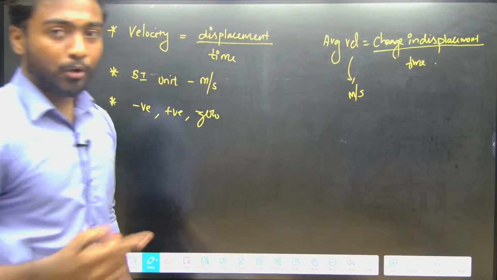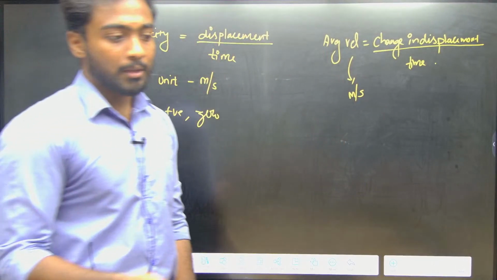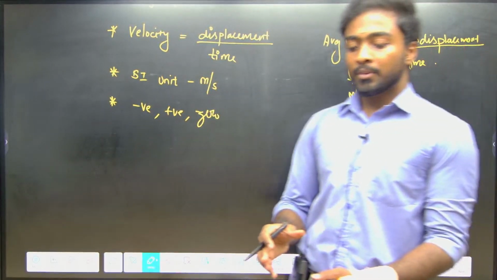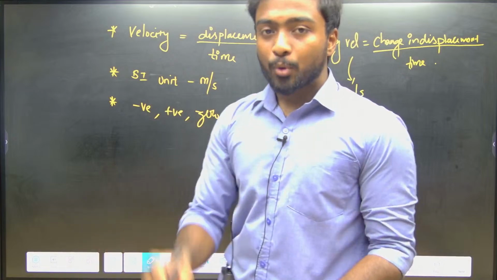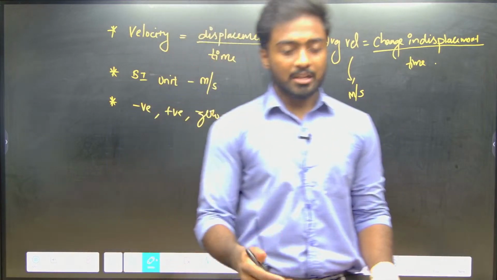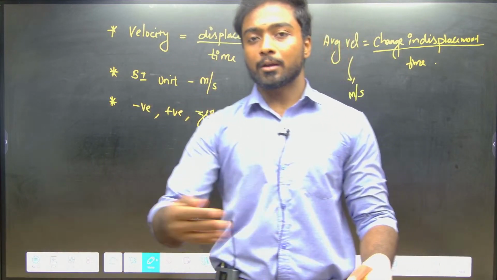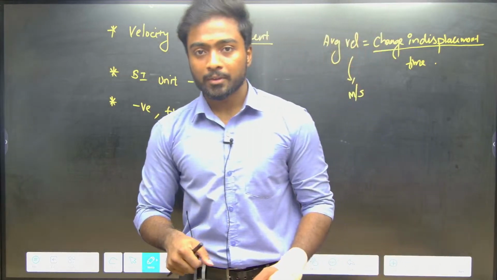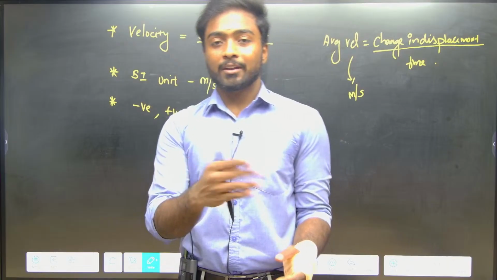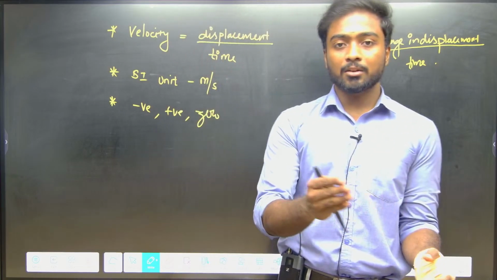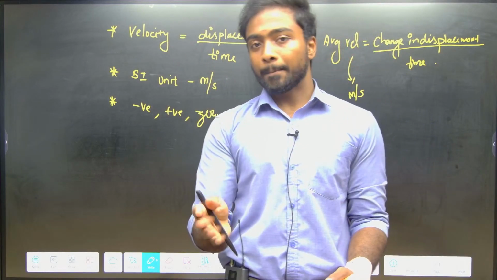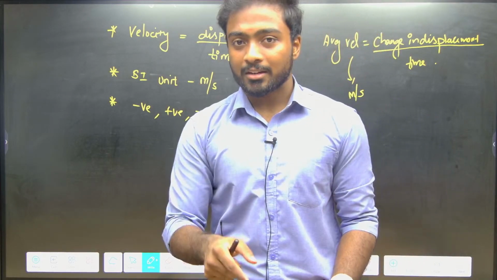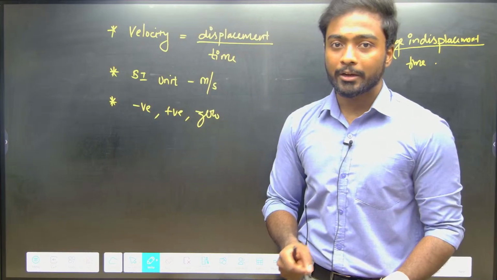One more important point is instantaneous velocity, which is the velocity at a particular moment. Suppose you are going in a vehicle and suddenly you notice the speedometer, and your speed deflects between 60 and 65, and at that moment it shows 65. Then the instantaneous velocity is 65 kilometer per hour.